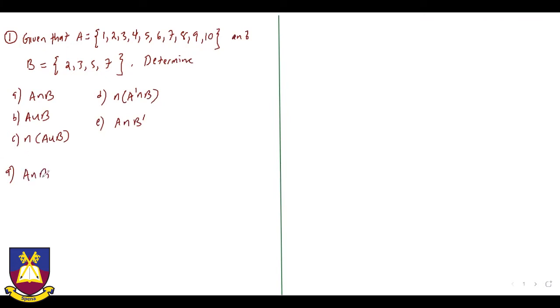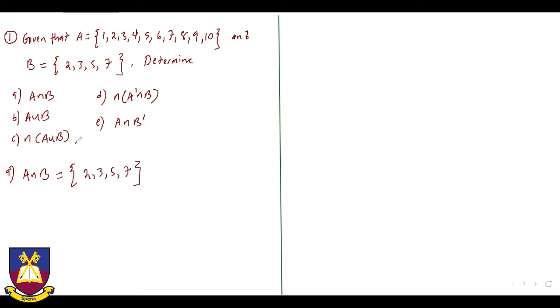A intersection B means those elements that are in both A and B. 2 is here, 2 is here, 3 is here, 3 is here, 5 is here, 5 is here, 7 is here, 7 is here. Meaning that will be {2, 3, 5, 7}.